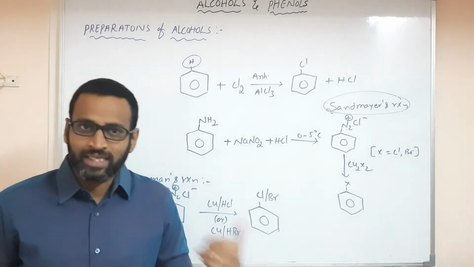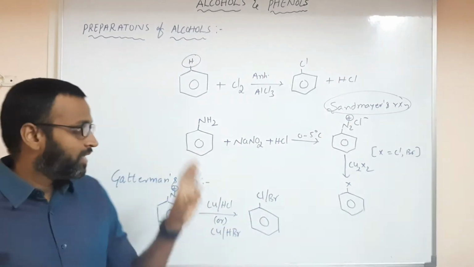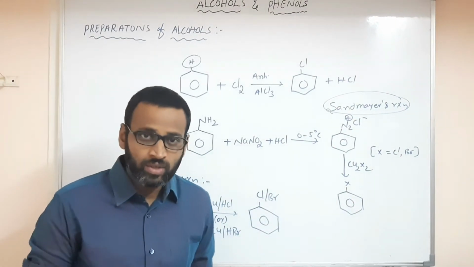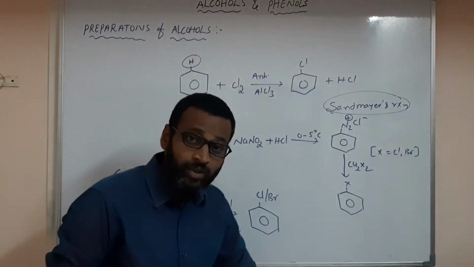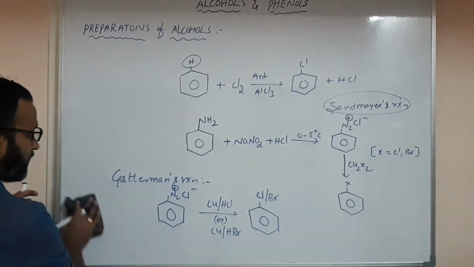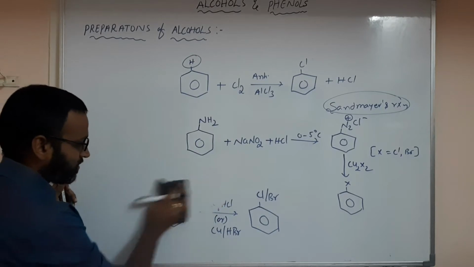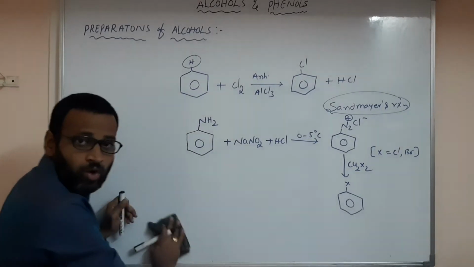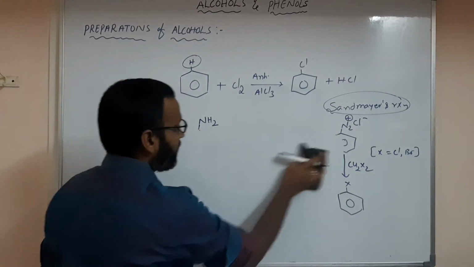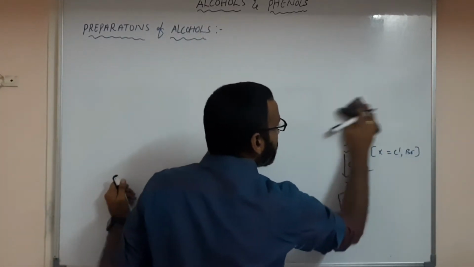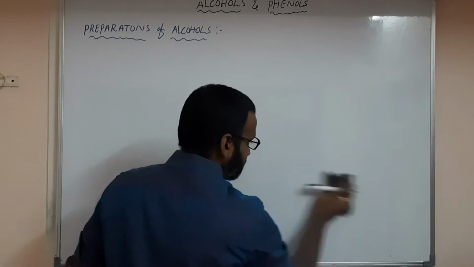For fluorides there is another way, and for iodides you can use potassium iodide directly. So that is very important, please note it down. The reagent is very important: Gattermann means copper with HX, and Sandmeyer means cuprous halide, either cuprous chloride or cuprous bromide.